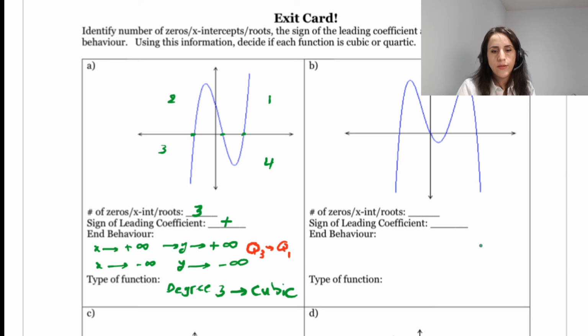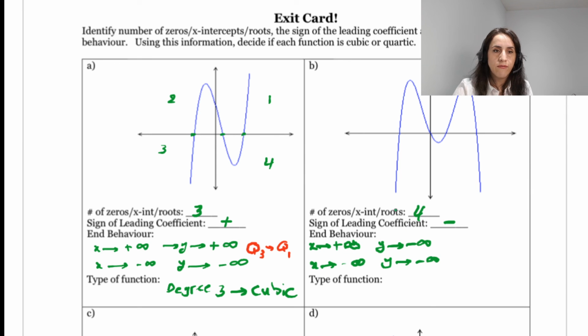Let's see how you answered for this one. X-intercepts: I have 1, 2, 3, 4. The sign of the leading coefficient: it's ending up at the right side going to negative infinity, so it's negative. The end behavior: as you see, both hands are going down, so y is going to negative infinity.